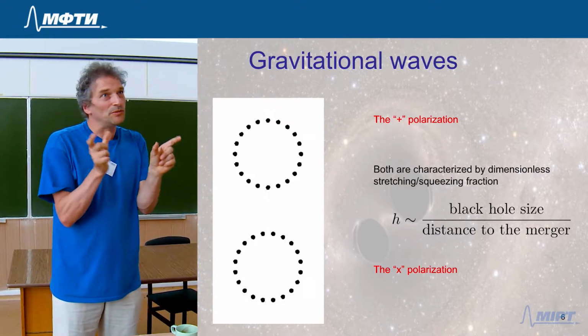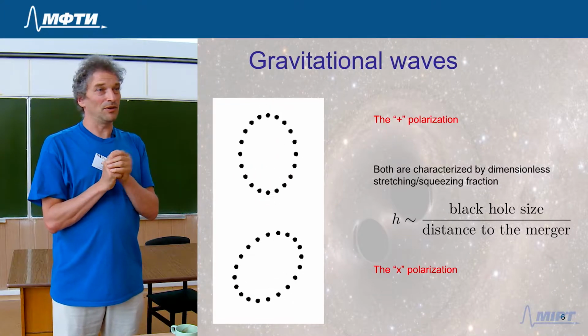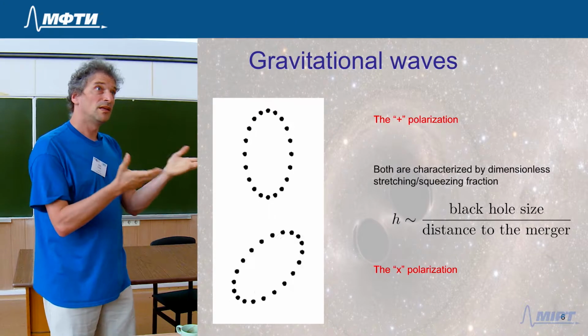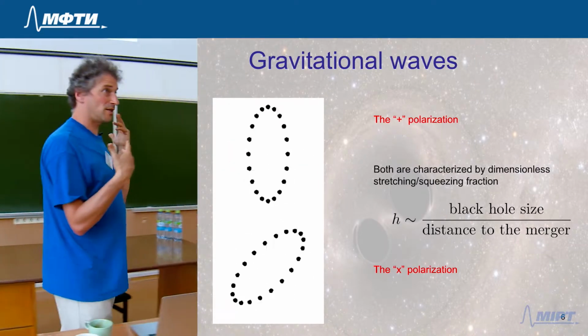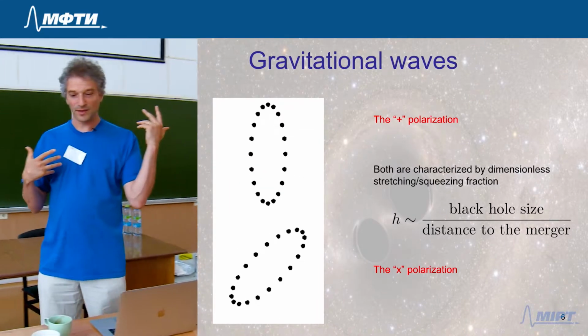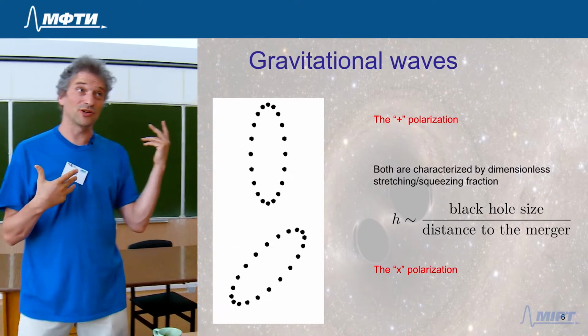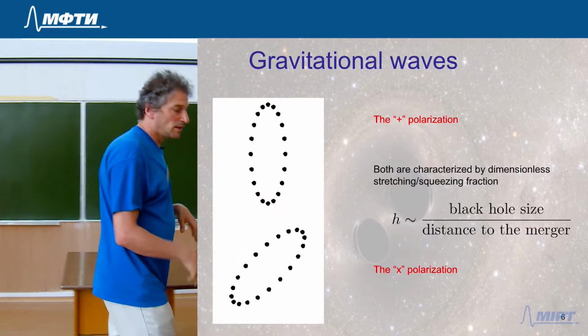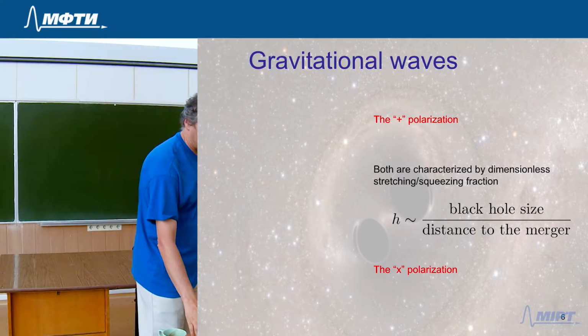Because these are the only 2 numbers that you have in this problem, and if you want to form a dimensionless strain of the gravitational wave, you just divide one by the other. So it's a very simple estimate.